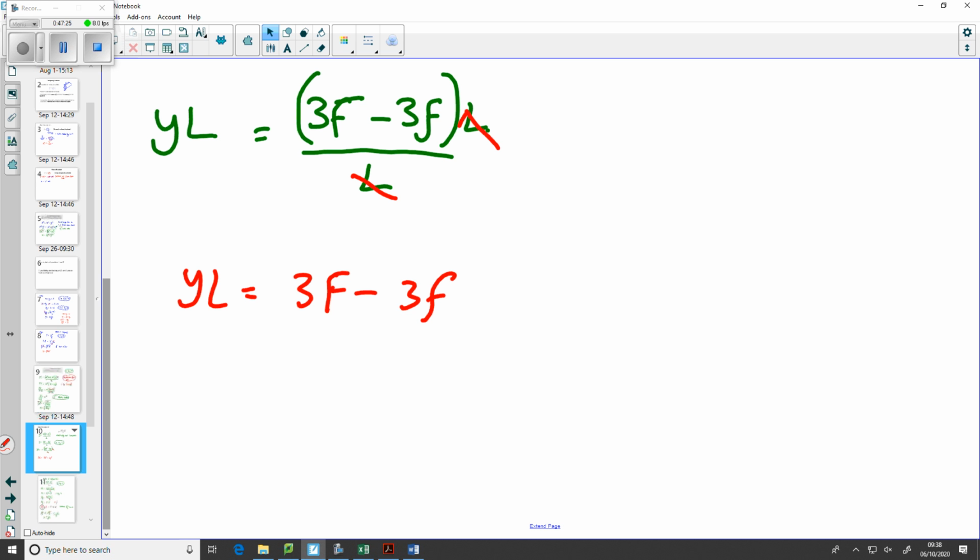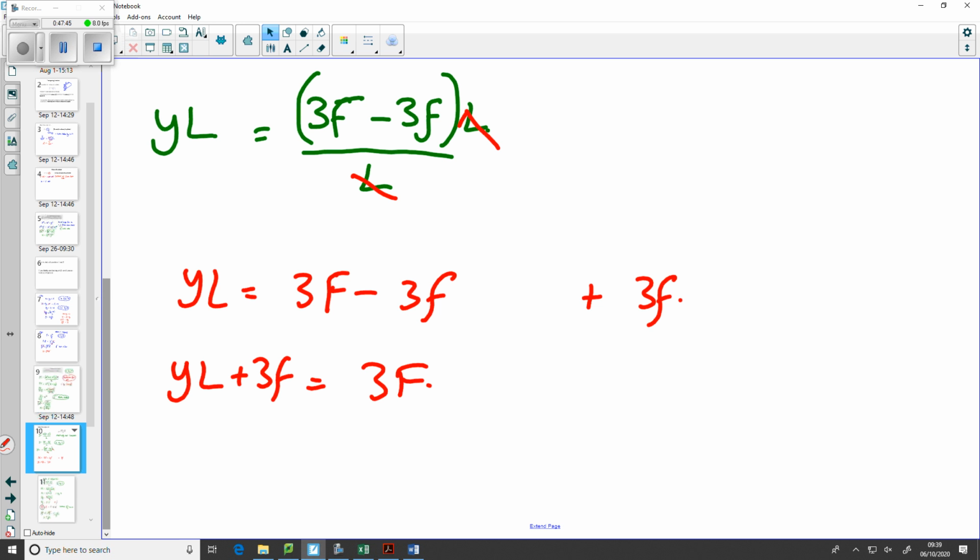And is it possible to complete by going plus 3f? So we've got YL plus 3f is equal to 3f.